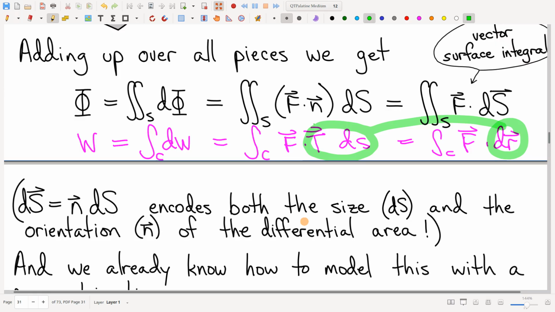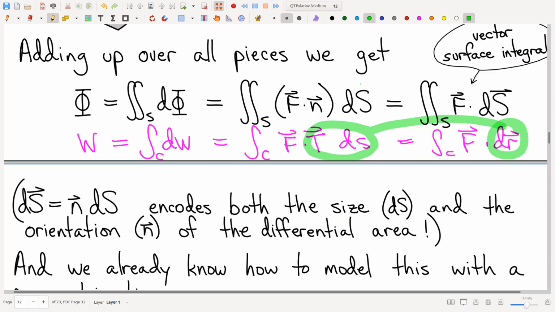So this dr vector has a direction and a magnitude that tell us both the orientation and the size, everything we should need to know about our piece of curve, all wrapped up in this one single thing called dr. So we're going to do the same thing in the surface integral equations.